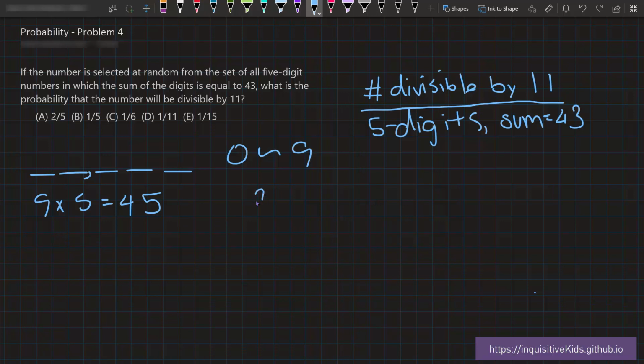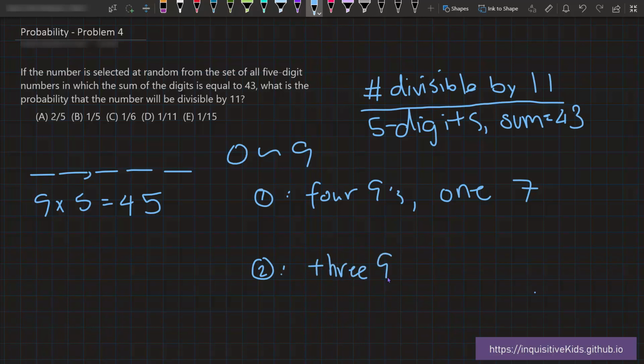The first case is when we have 4 9s and 1 7, because taking away 2 from 1 digit that is 9 gives us the digit 7. And our second case here is having 3 9s and having 2 8s. These are the two different cases that we are looking into.